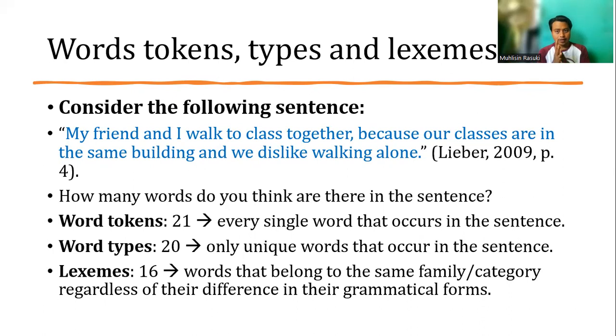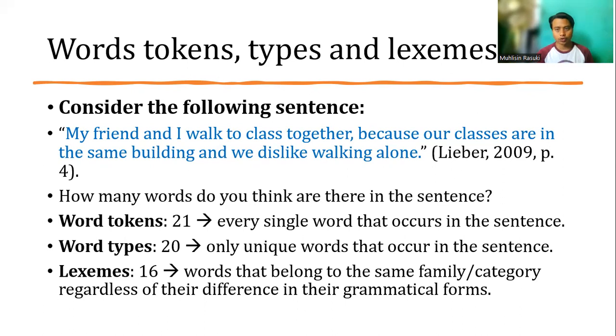Okay, the basic explanation is this. When your answer is 21, it means that you count every single word that occurs in the sentence, right? You count every single word that exists here. But if your answer is 20, it means that you only consider word types.